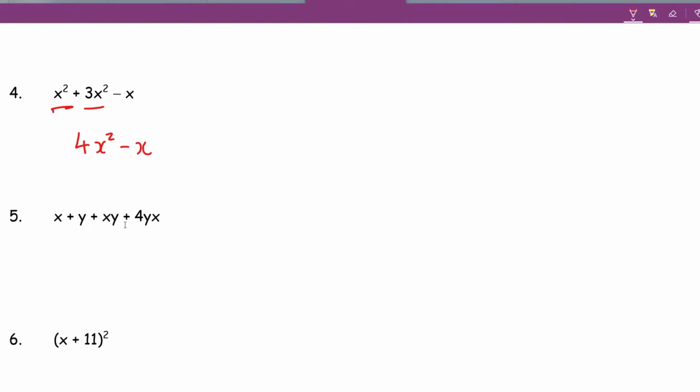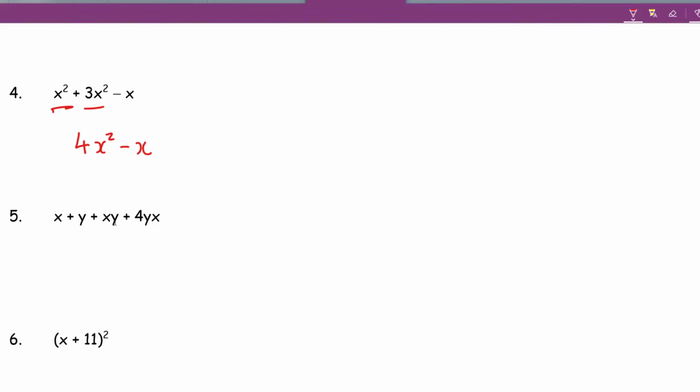Likewise here, collect all the like terms. So x's, first of all, have a look at x. Now this is not an x term. This is a product of xy. So it's neither x nor y. Likewise, yx is not an x term or a y term. It's a product of xy. Now these two are the same, even though they're written in a different order.